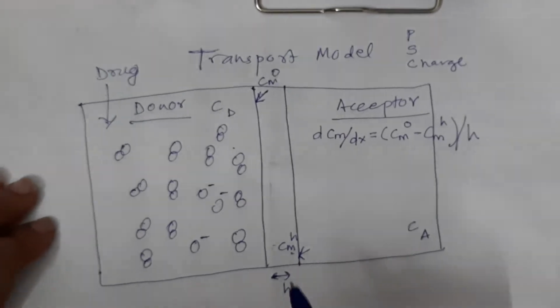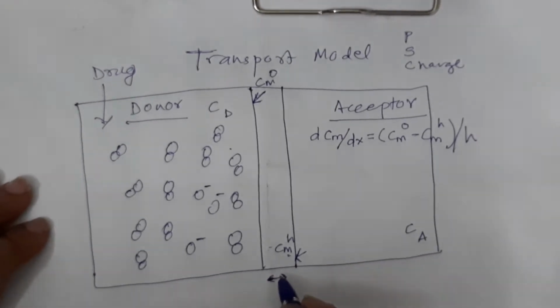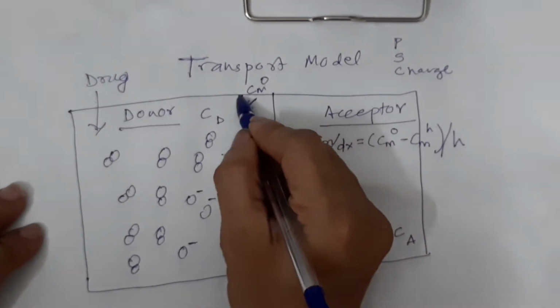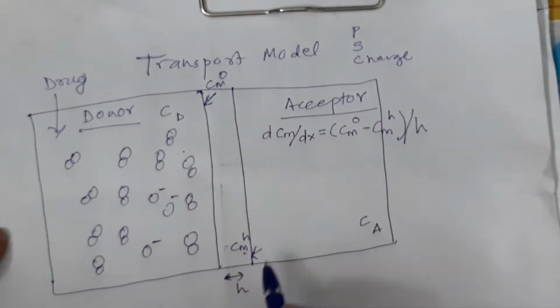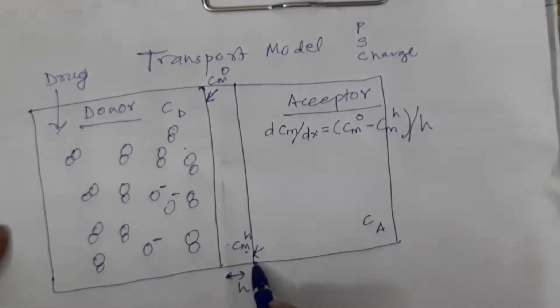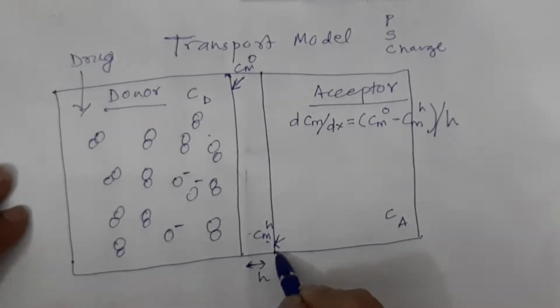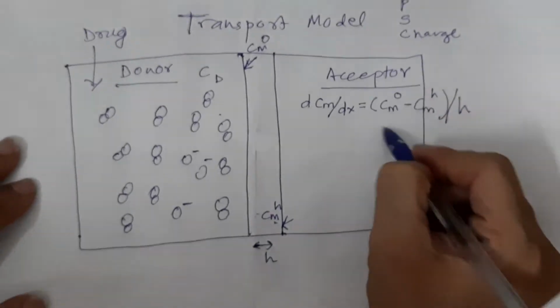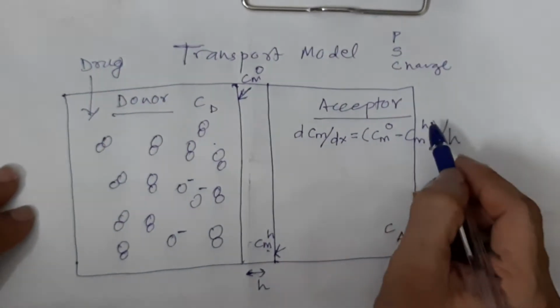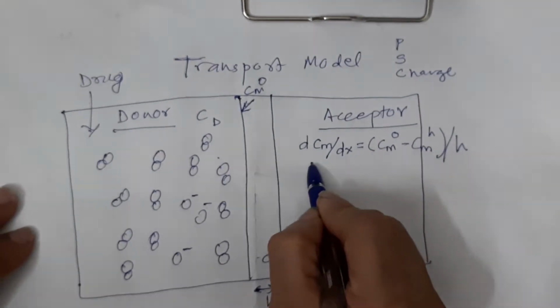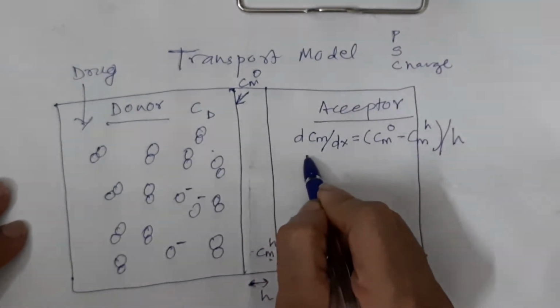So the difference between the concentration of the drug at the initial surface of the membrane and the surface which is connected with the acceptor compartment is going to decide the rate of the transport.